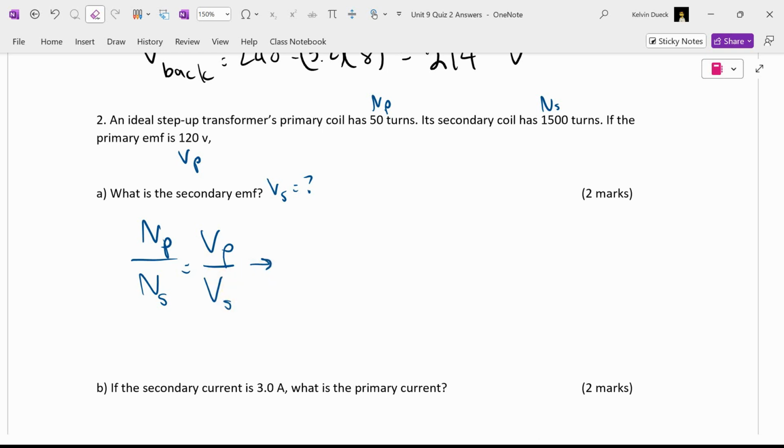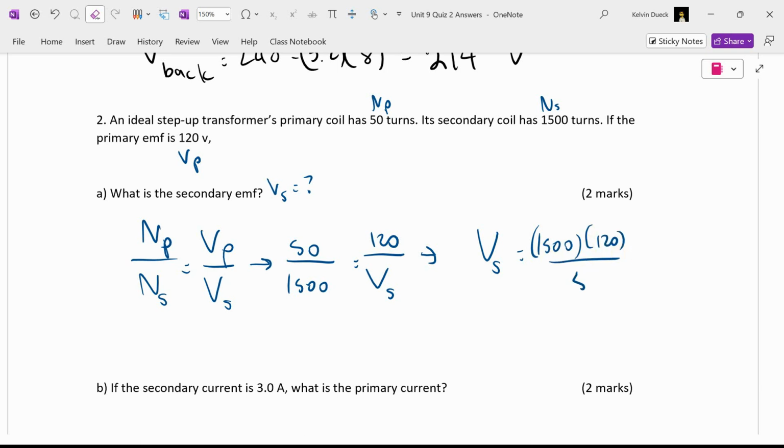If I stick in my numbers, it's going to be 50 divided by 1500 equals 120 divided by the mystery voltage. When I cross multiply, I'm going to get that equals 1500 times 120 divided by 50.